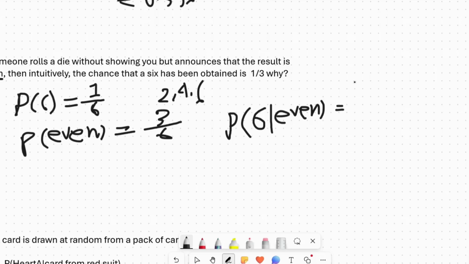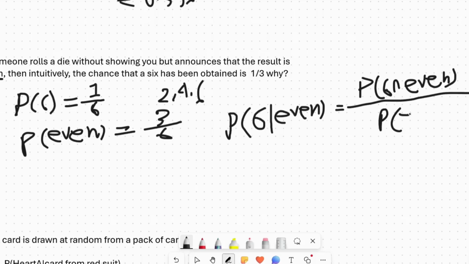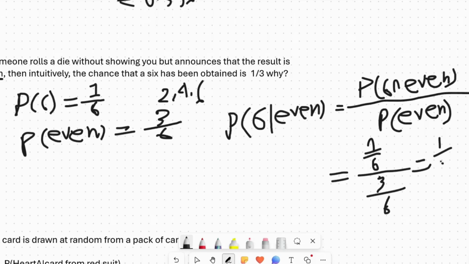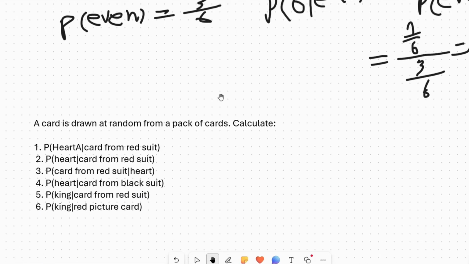We already know the formula: probability of 6 intersection even, divided by probability of even. The probability of 6 intersection even is 1 by 6, and the probability of even is 3 by 6. So at the end we get 1 by 3. So this is the answer. I hope you understand this one.